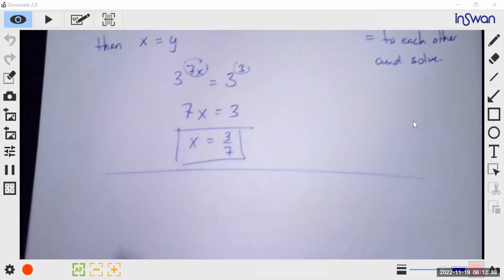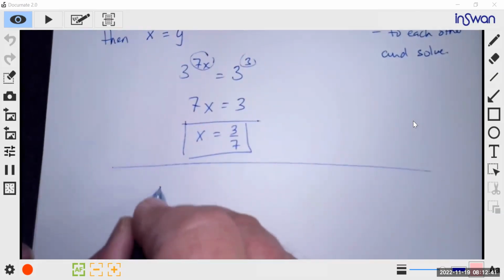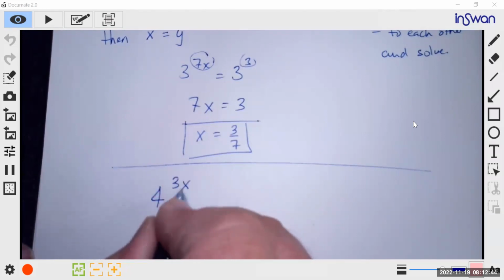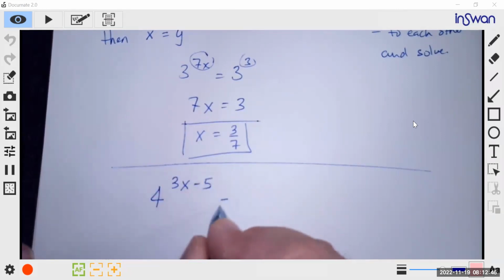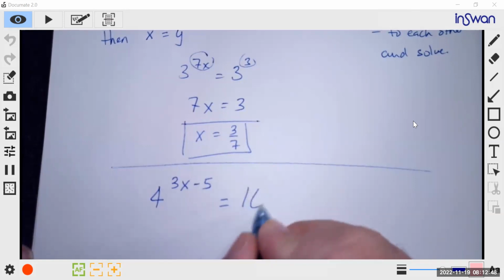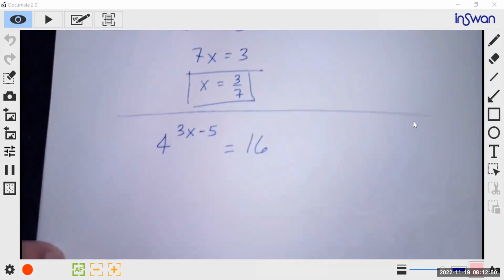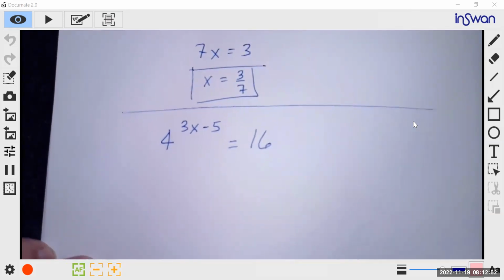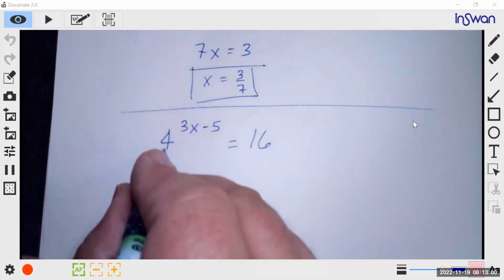Let's look at another one. Because you do have to review your exponential rules, because we have this from 2 chapters ago. So we have to review that. All right, so this is base 4.